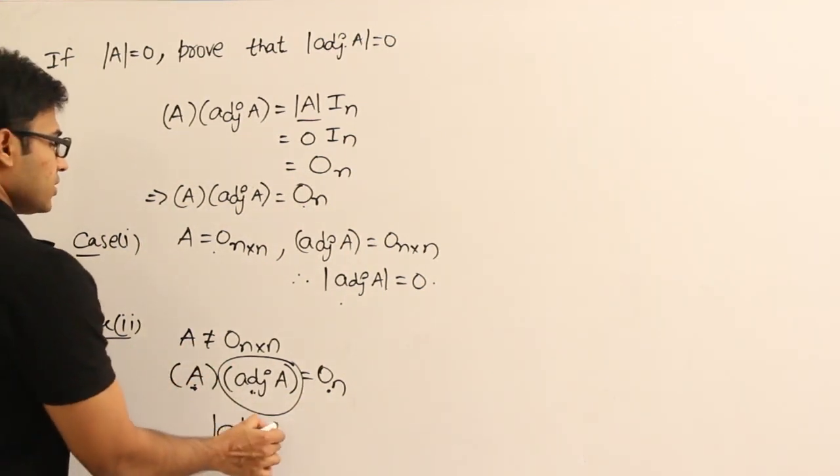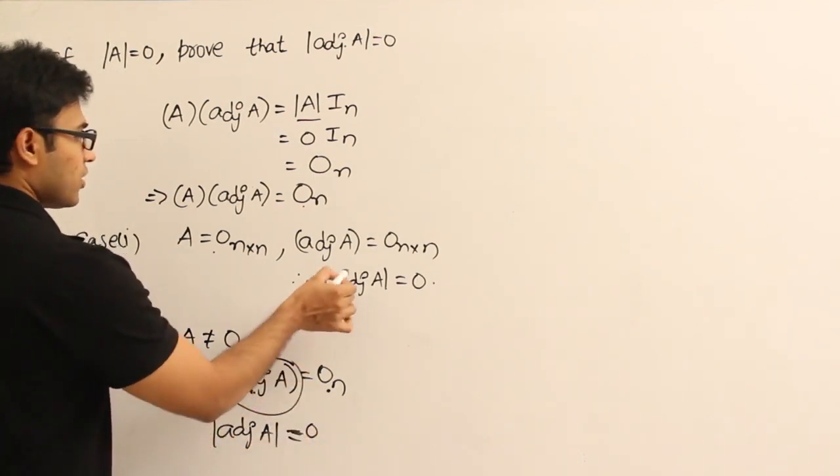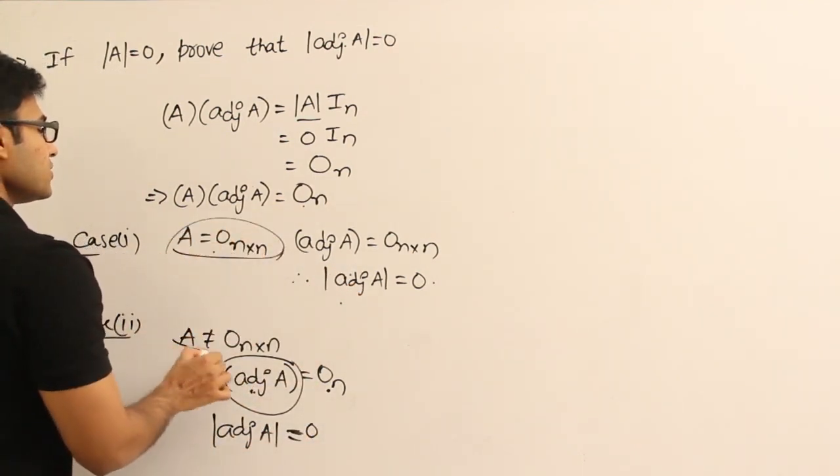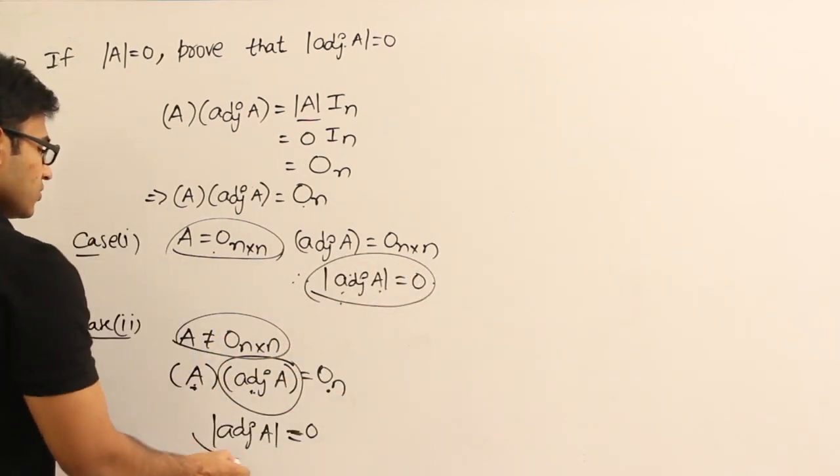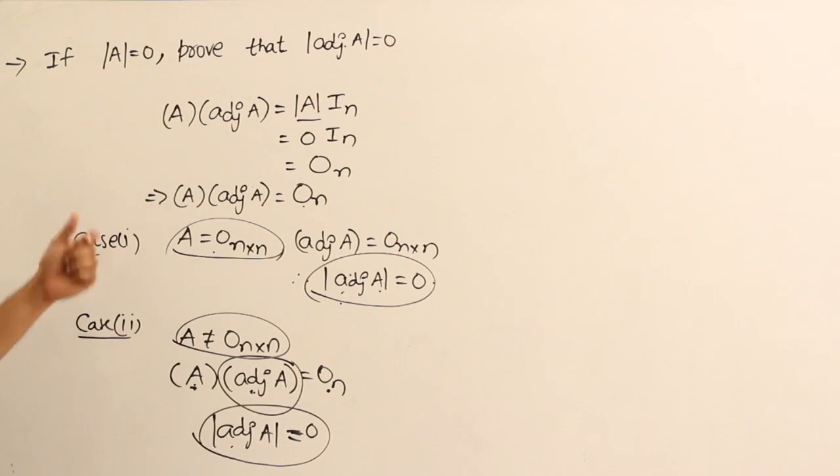We already showed that proof, right? Therefore determinant of adjoint of A is 0. So whatever the case, either A is null or A is not equal to null, determinant of adjoint of A is always going to be 0, which means adjoint of A is singular.